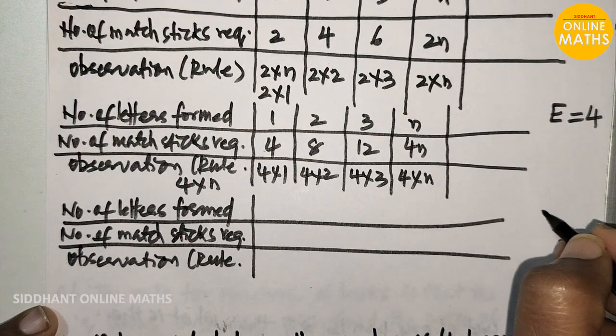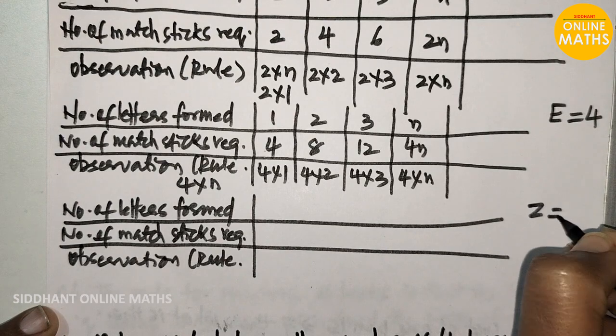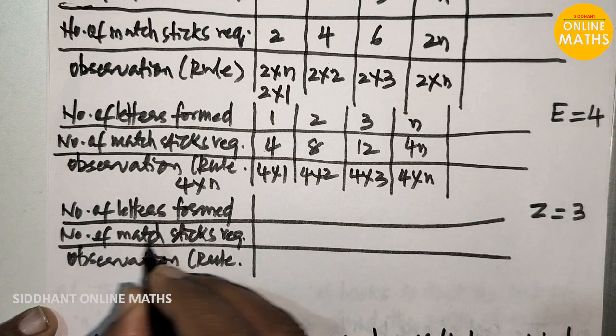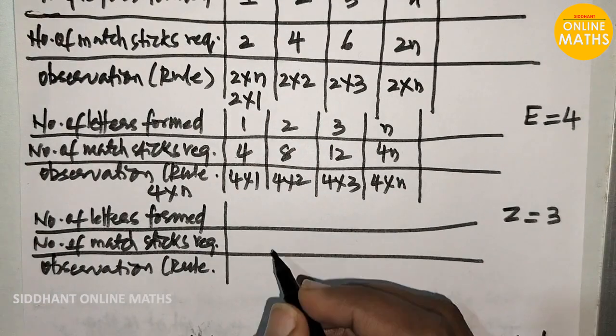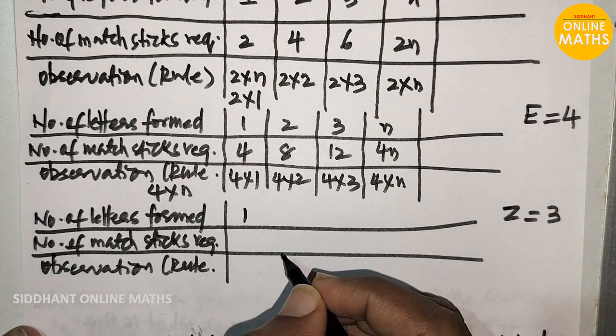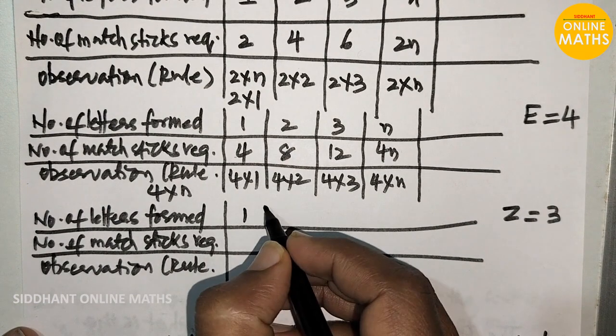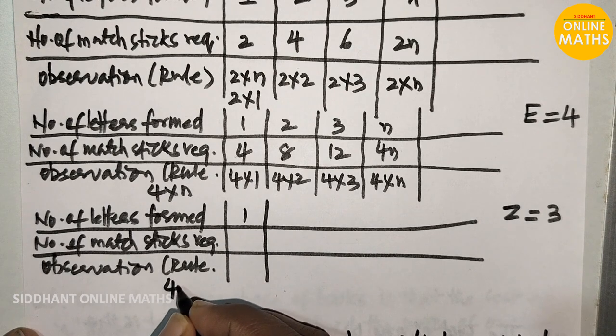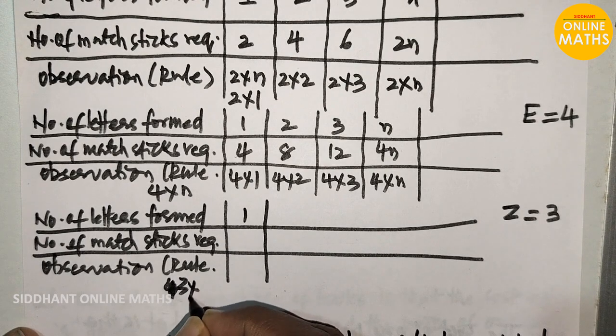In the same way, when you write the letter Z, the number of matchsticks required is 3 here. So see the pattern here. The number of letters formed is 1. So the pattern will be 3 into n.